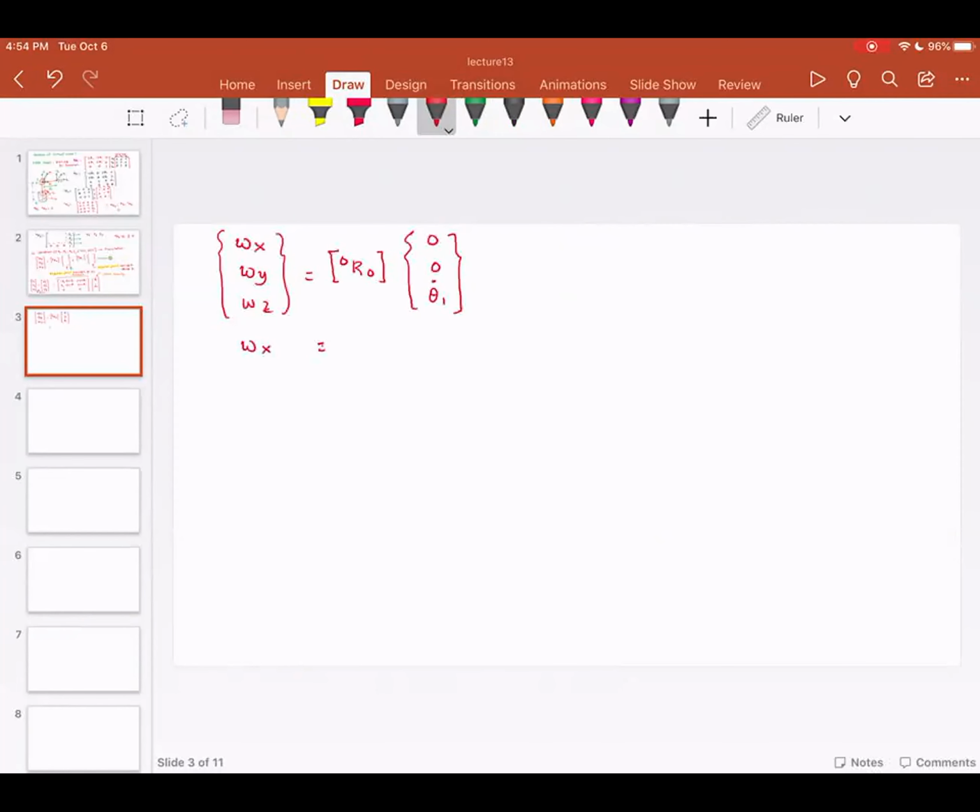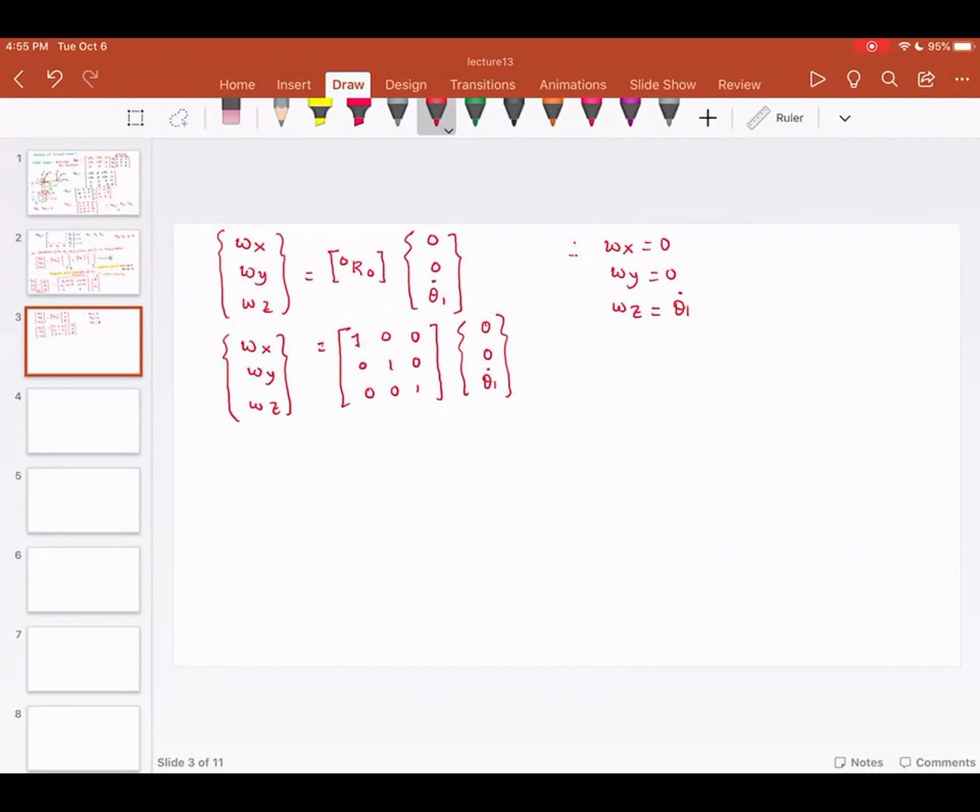So omega x, omega y, omega z is equal to the identity matrix 1, 0, 0, 0, 1, 0, 0, 0, 1 multiplied by 0, 0, theta 1 dot. In other words, omega x is equal to 0, omega y is equal to 0, and you are just going to have omega z equal to theta 1 dot.